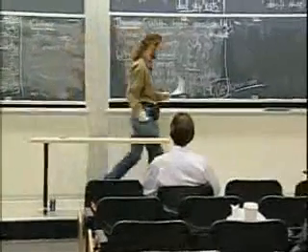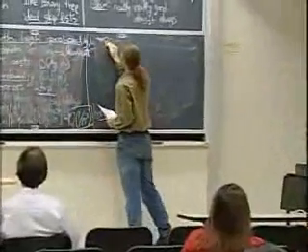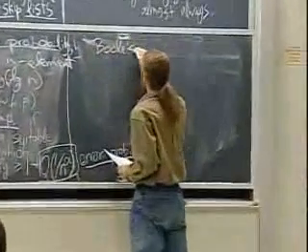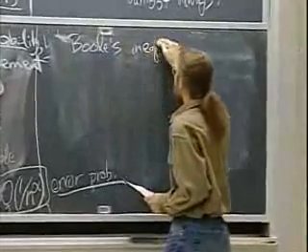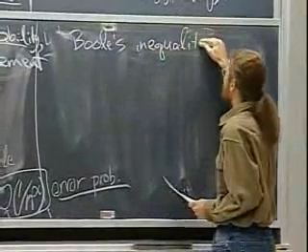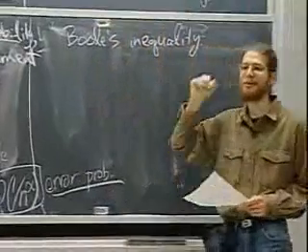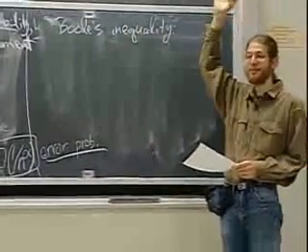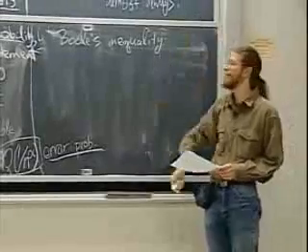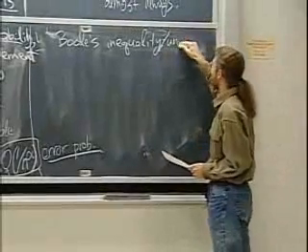Let me give you an idea how strong it is. How many people know what Boole's inequality is? How many people know what the union bound is in probability? Uh-oh. You should.